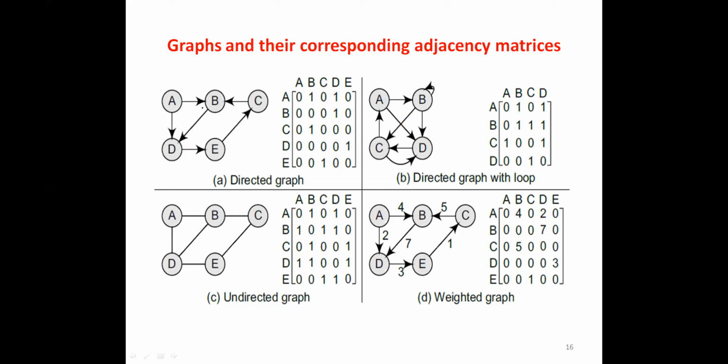How many vertices do we have? 5 vertices, so that's why we have a 5 by 5 dimension. That's all, simple. Then A to B is one. This is a directed one, meaning we have a direction from a particular source to a particular destination.